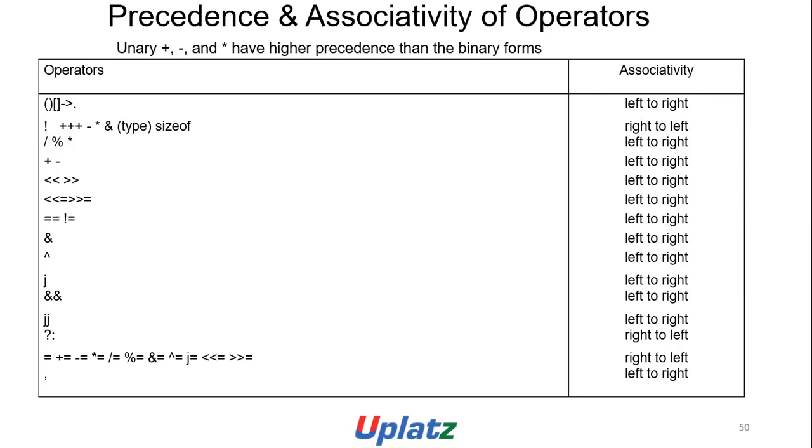Equal to, not equal to: left to right. Bitwise AND, XOR, OR: left to right. Logical AND, OR: left to right. Question mark colon: right to left. Assignment operators such as plus equal, minus equal, star equal, slash equal, percentage equal, AND equal, power equal, OR equal, shift equal: right to left. Comma: left to right.